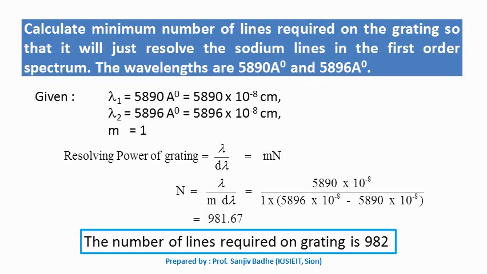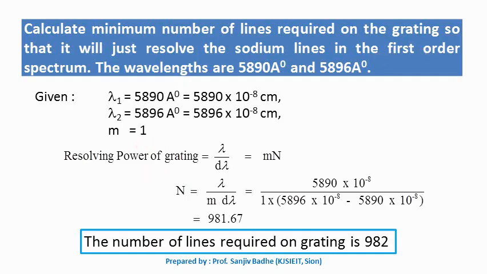We are trying to resolve them with a diffraction grating, and we are asked to calculate how many lines on the diffraction grating are required so that the resolving power will be enough to separate these two wavelengths. So let us say lambda 1 is equal to 5890 angstroms, lambda 2 equal to 5896 angstroms. m we are asked in first order, so m is equal to 1.